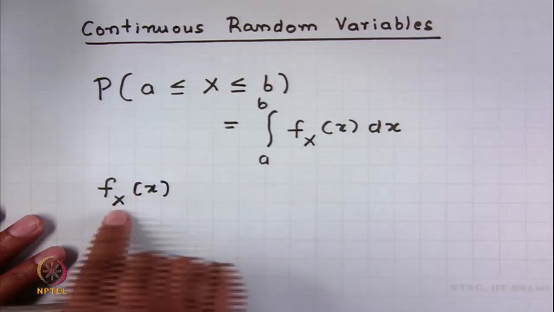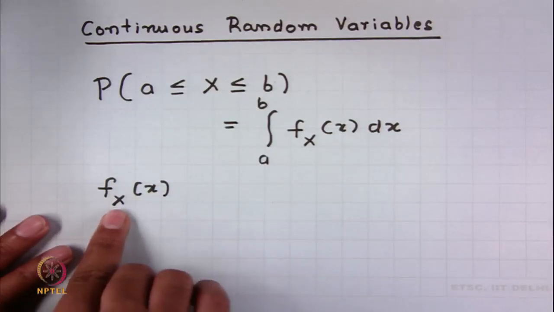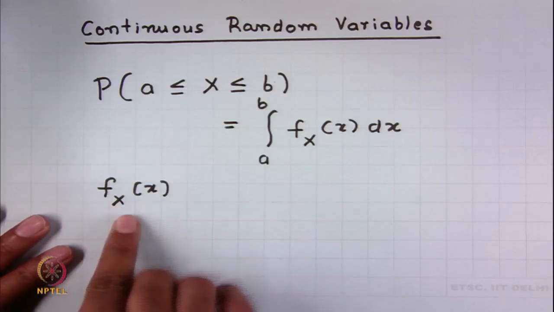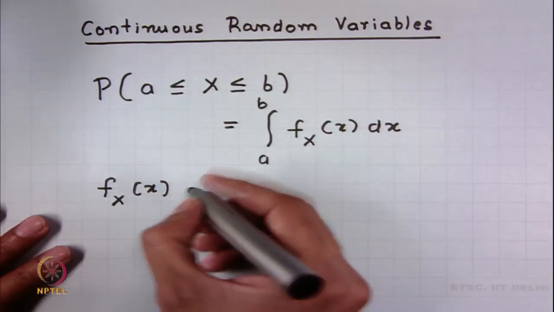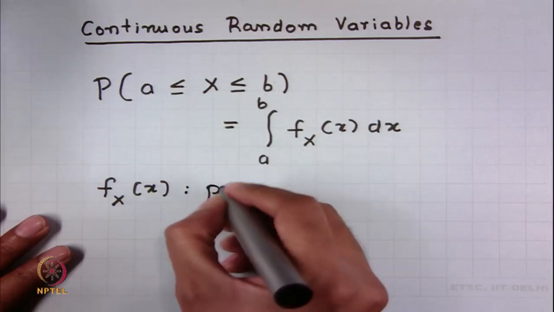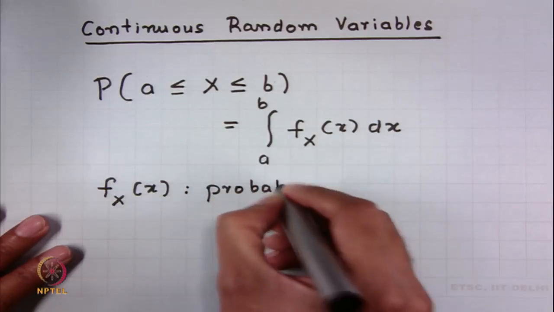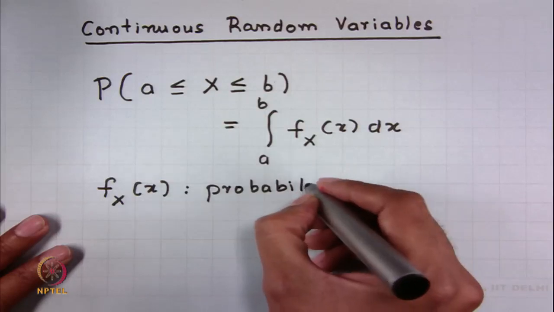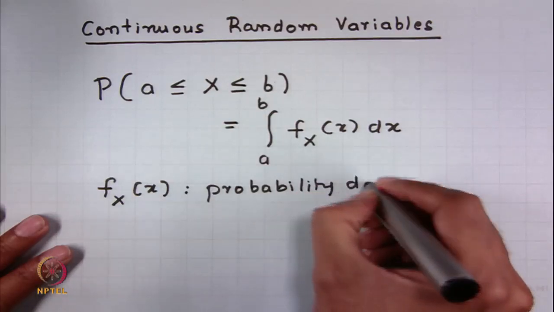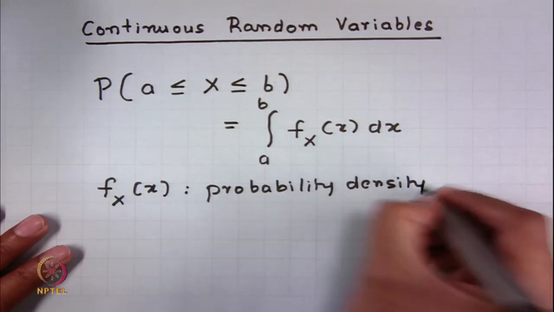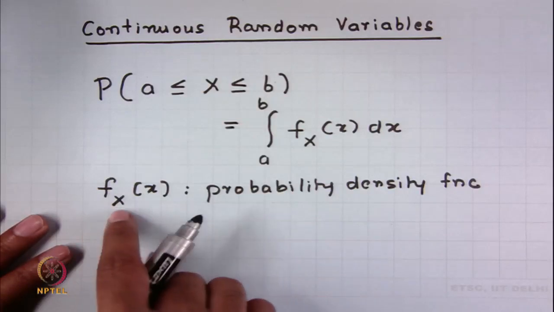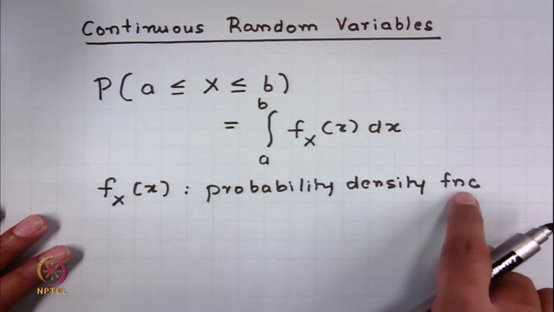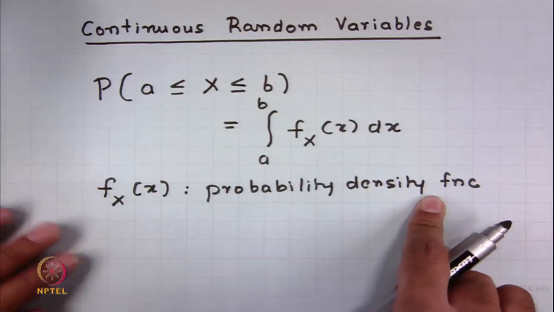First let me introduce what this f x of x is. Again, just see that we have used a capital letter X to denote the random variable, and the small x represents the numerical value that the random variable takes, and f x of x is defined as the probability density function. We will see what it means in a short while.